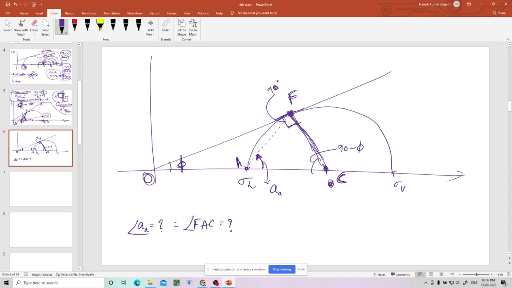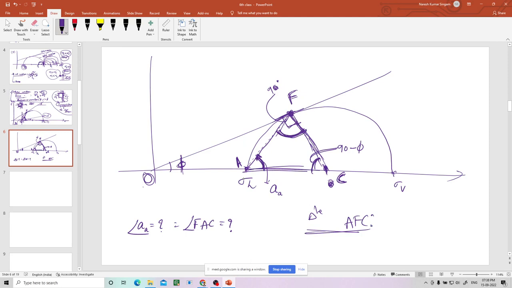Now what shall we do? We will find out in this triangle AFC. This is one angle, this is one angle, this is one angle in that triangle. Now we know this 90 minus phi, we don't know this A, that is what should be found out. The only thing which I know is, this is also a radius, this is also a radius.